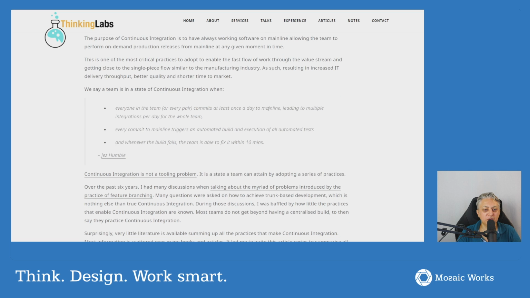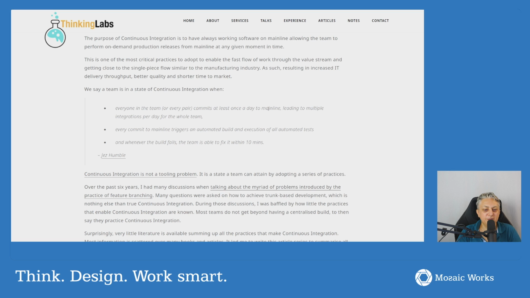This is one of the most critical practices to adopt to enable the fast flow of work through the value stream and getting close to the single piece flow, similar to the manufacturing industry. As such, resulting in increased IT delivery throughput, better quality, and shorter time to market.